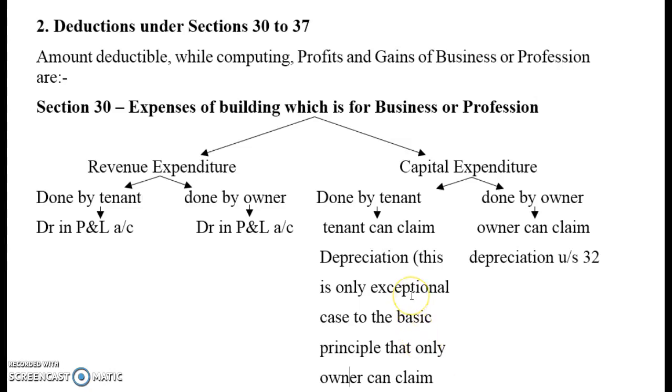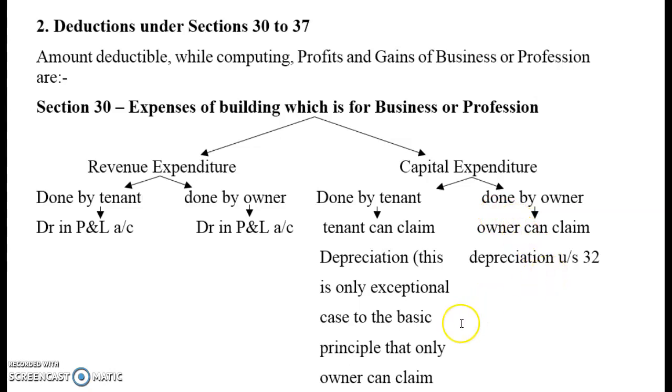Till that time, just take a note that even if the tenant has done a capital expenditure in relation to the building, he can claim the depreciation under section 32.